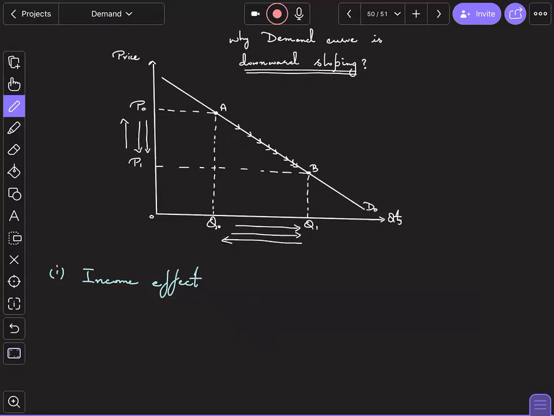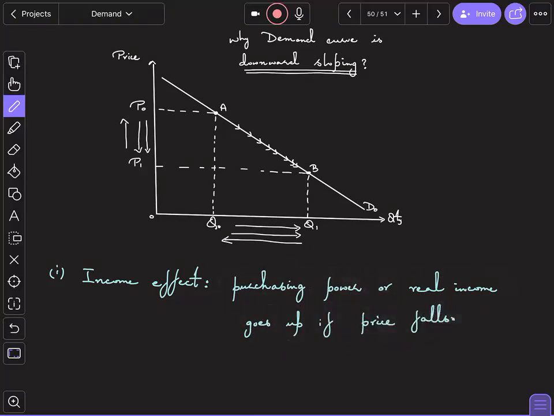That is, their purchasing power, or real income measured in terms of the good, goes up if the price falls.